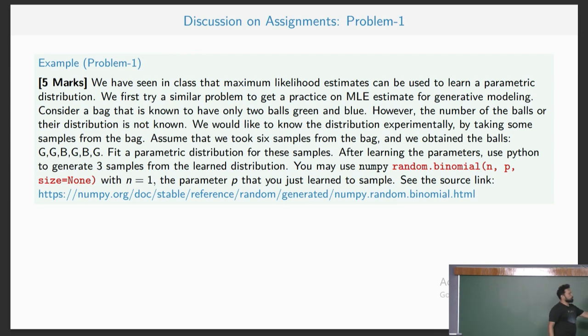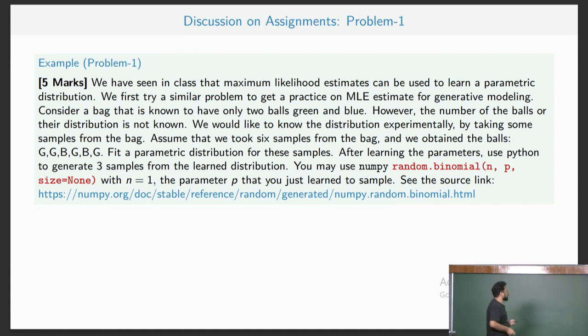You can get Bernoulli from the binomial by putting n equals 1, and p is the parameter that you learn. All this distribution fitting that you did, the theta that you saw, corresponds to that p here. The way you wrote the parameter there was theta over 3 or something like that, so you have to use that here.